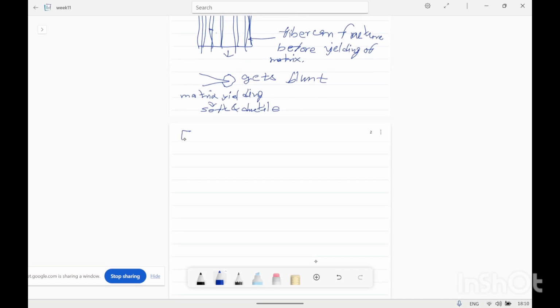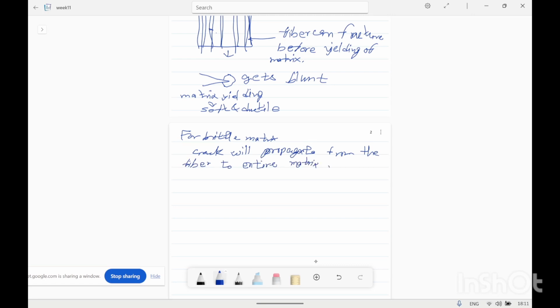And for brittle matrix, failure of a single fiber may propagate through the entire composite. Means the crack will propagate from the fiber to the entire matrix.